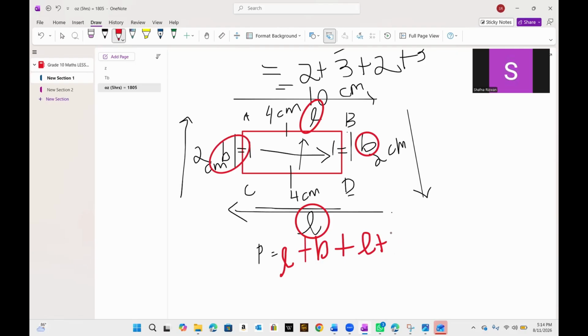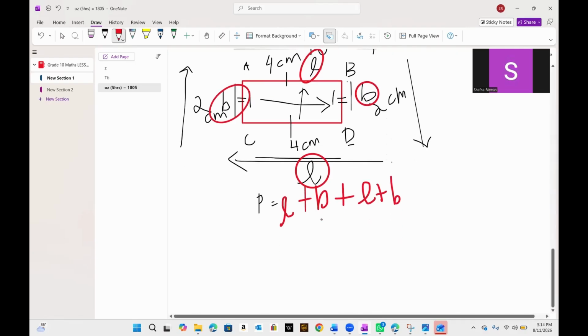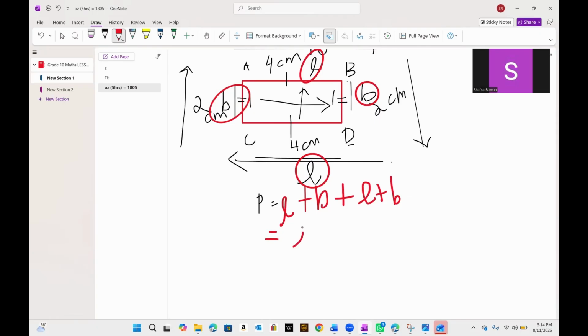Then length plus breadth plus length plus breadth. Whatever similar terms we have, you can add them. Length plus length I can add together, plus breadth and breadth also I can add here, B plus B. Now tell me, L plus L will give you how much?